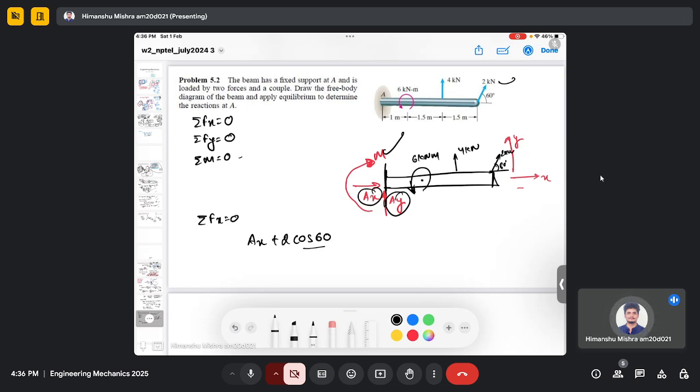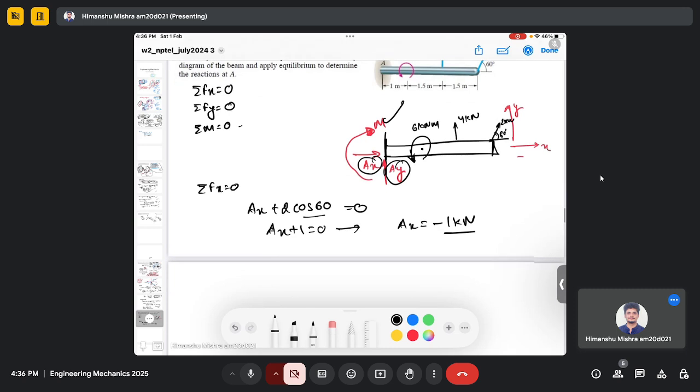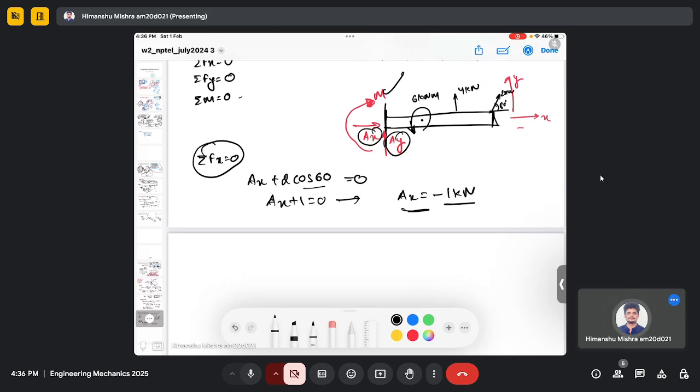Its cos 60 is 0.5, so it is Ax plus 1 equals 0, and it will give us Ax equals minus 1 kilonewton. So from this equation alone we are able to get the value of Ax. Now let's use Ay.